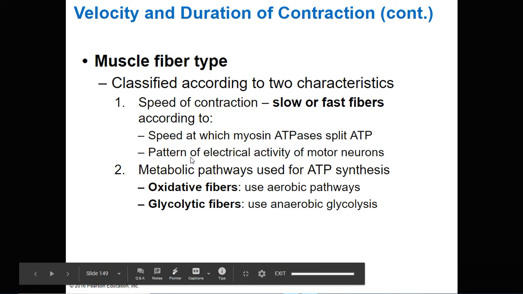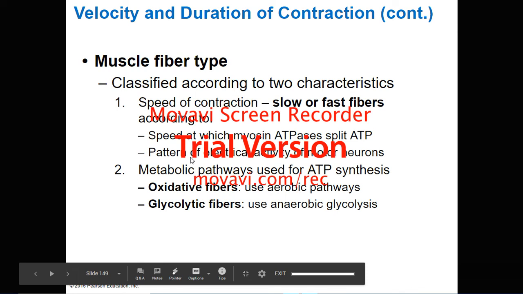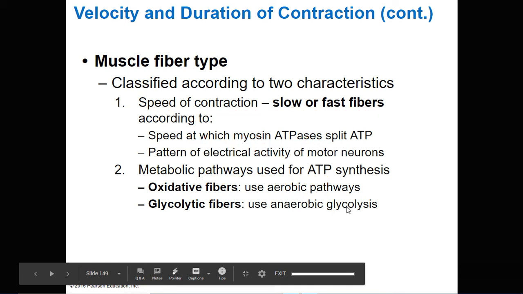So when the sugar first enters the cell, it's going to get broken down to two pyruvate molecules through anaerobic glycolysis. It's called anaerobic glycolysis because glycolysis doesn't need oxygen to happen.